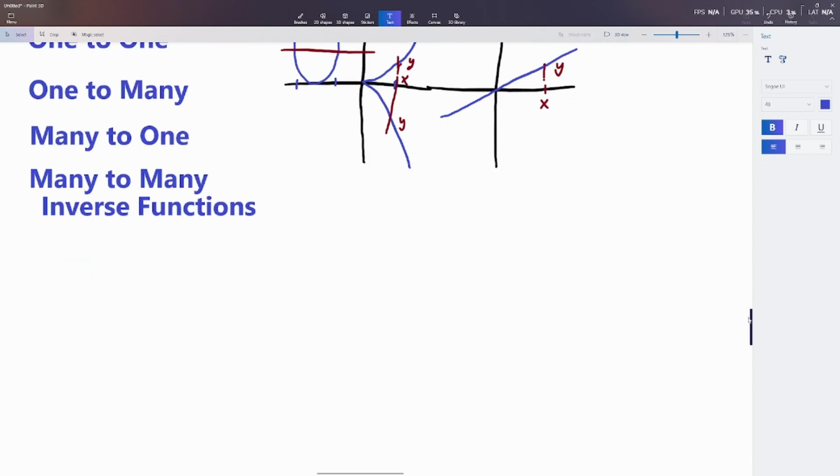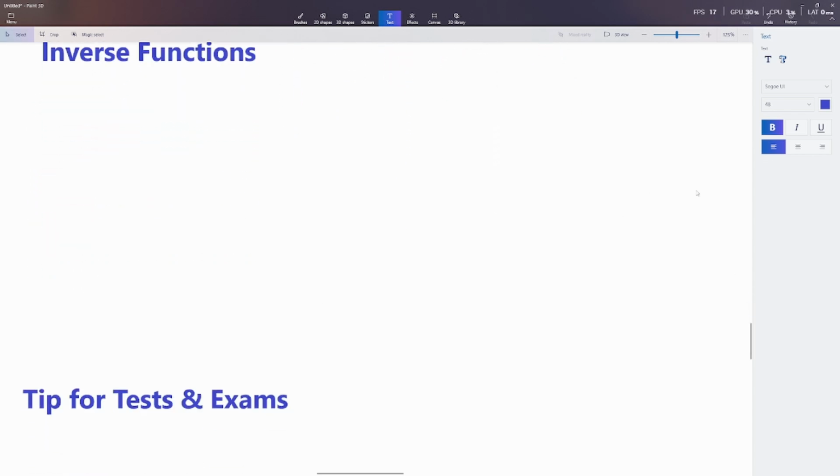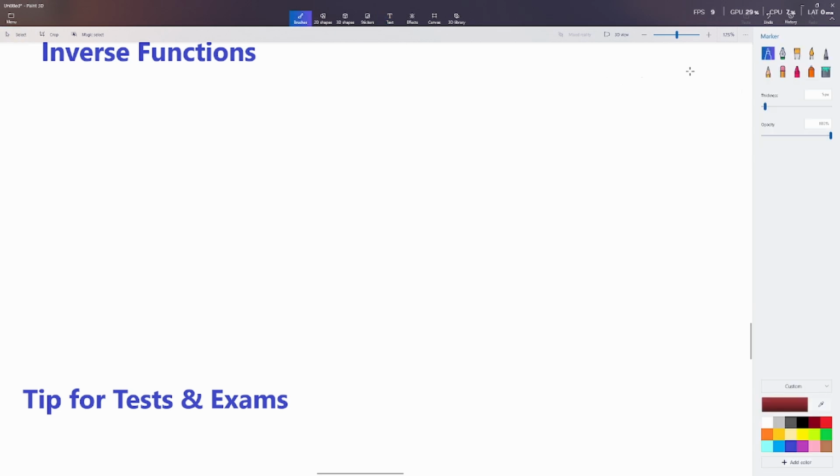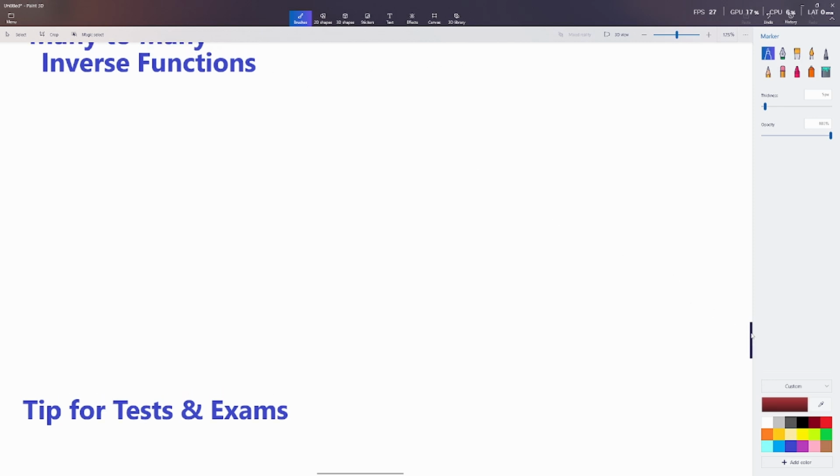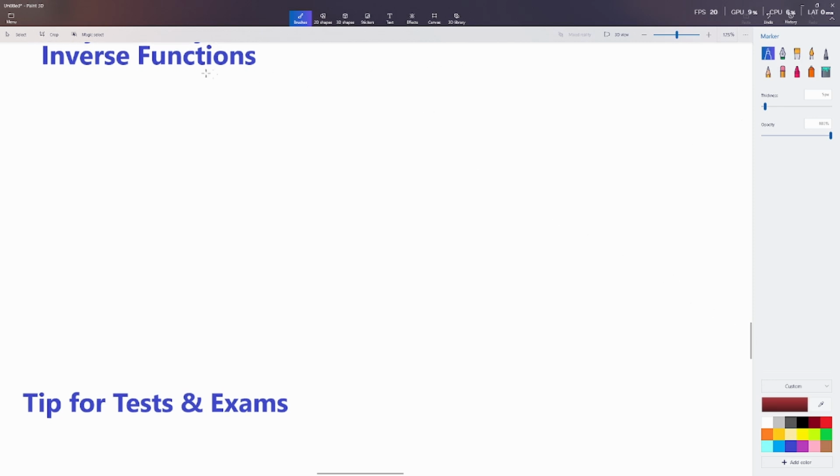So inverse functions are very important in your papers as well, as I think at least every paper 1 or paper 2 every year contains this, so this is something very important. So inverse functions, you have to kind of think out like this.